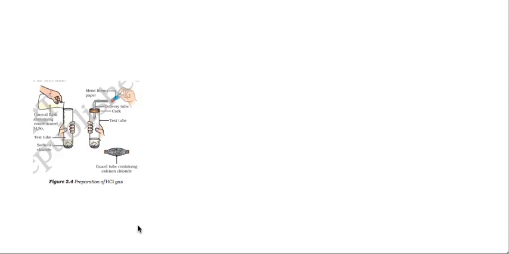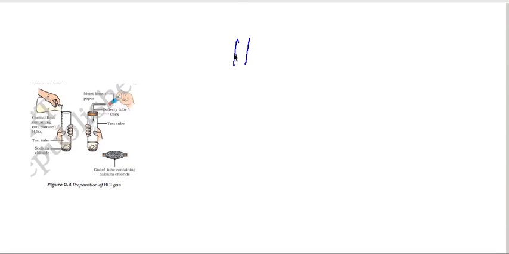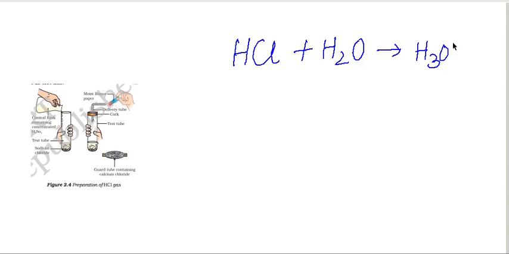So what is the gas which comes out over here? It's nothing but HCl. When you take sodium chloride and sulfuric acid, then HCl gas is produced. Now if you take a moist litmus paper, then only the blue litmus turns red. If you take a dry litmus paper, it does not change the color. So we can say that when HCl comes in contact with moisture, it produces H3O plus and Cl minus.